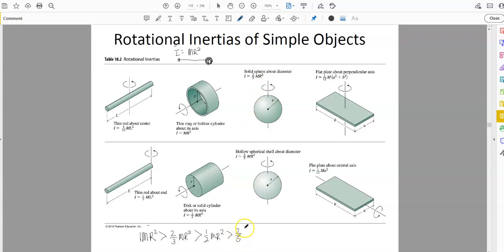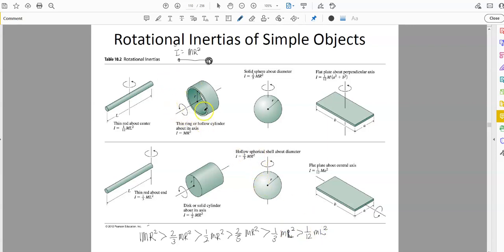It's 40%. And then the thin rod about the end, which is 1/3 mr squared. And then finally the thin rod about the center, which is 1/12 mr squared. And I should say L squared for these guys, but L is equal to R.